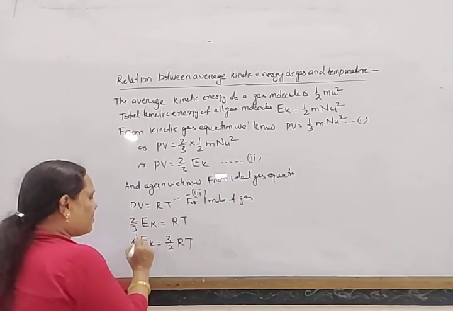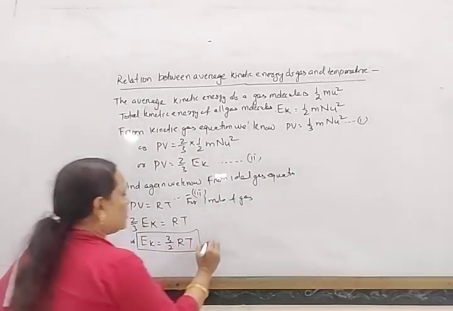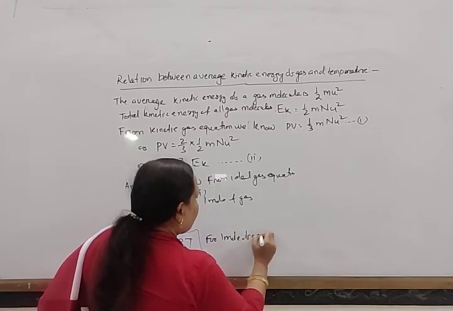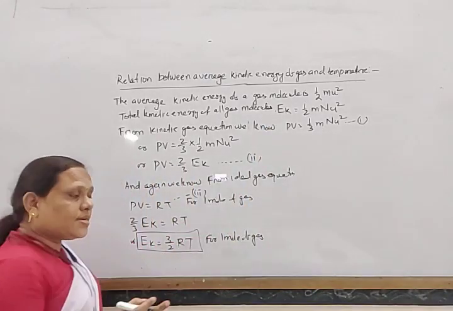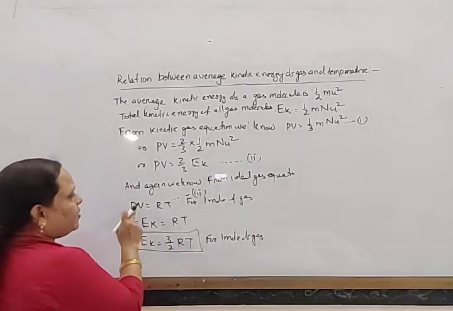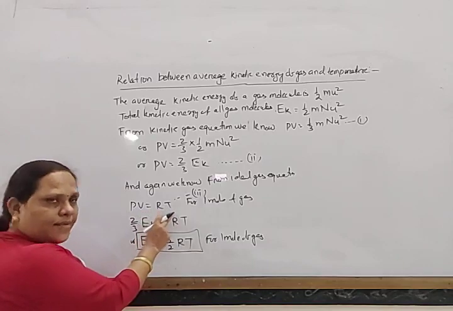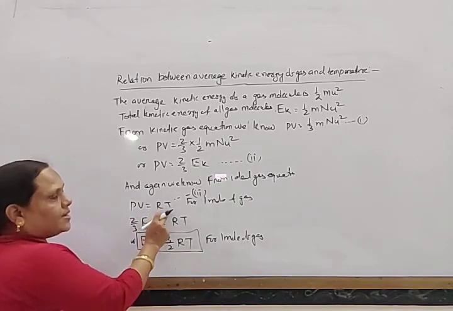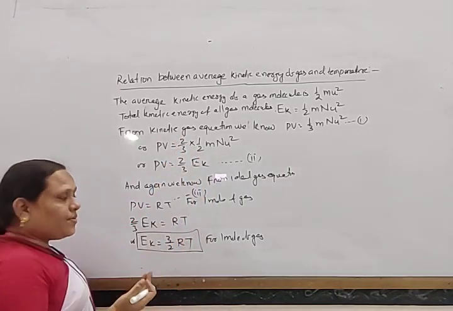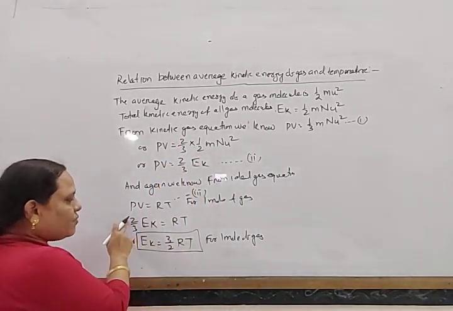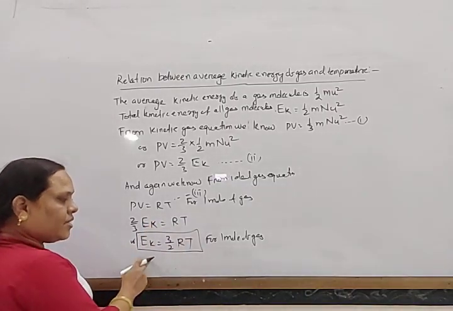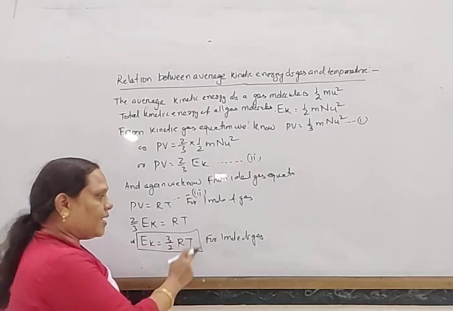So Ek is equal to 3 by 2 RT, that is for 1 mole of gas when N is Avogadro's number. And if n number of moles are taken, then PV is equal to nRT. As PV is equal to nRT and PV equal to 2 by 3 Ek, equating these two we get 2 by 3 Ek is equal to nRT, or Ek equal to 3 by 2 nRT.